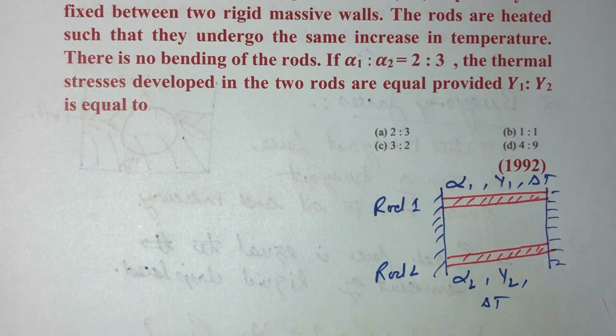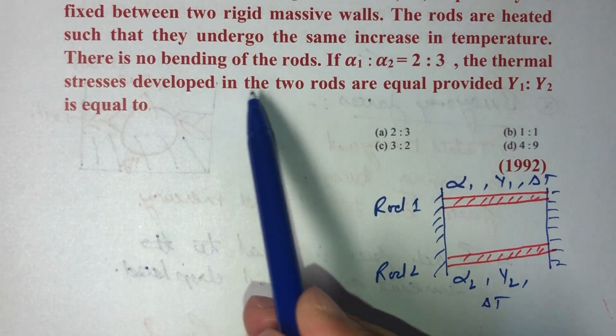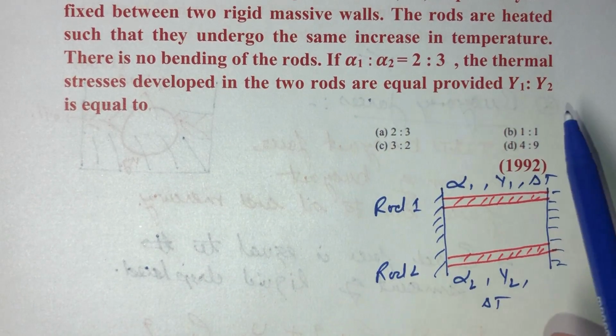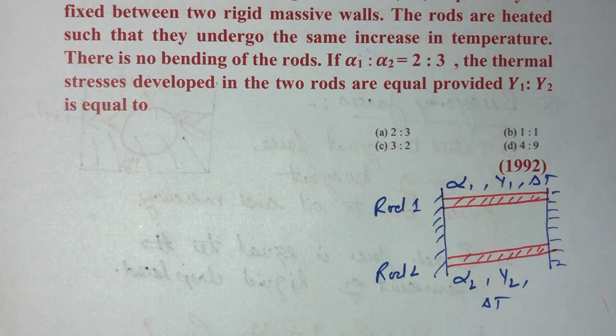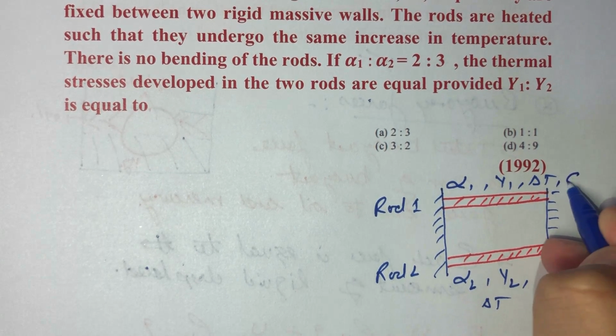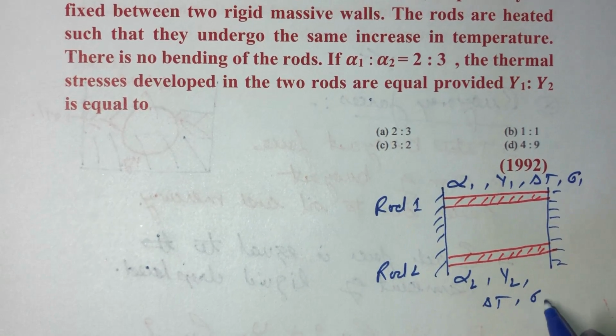And it also says that the thermal stresses developed in the two rods are equal provided. It means if the thermal stresses are equal, therefore we can say that thermal stress is sigma 1 for this one and we have sigma 2 for rod 2.